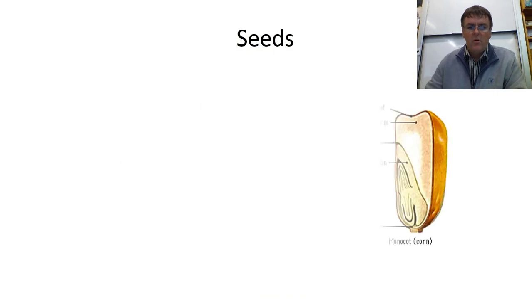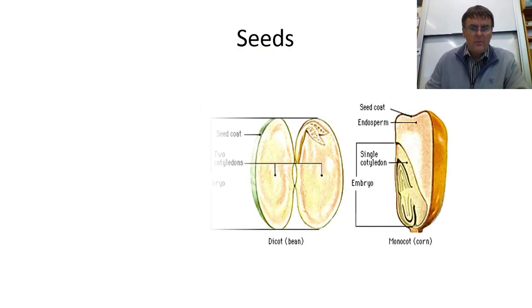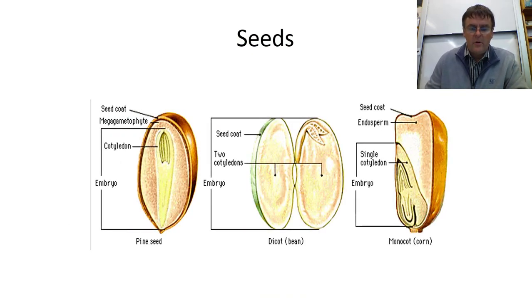Let's have a look. Here are your three major seed types, and they've all got the same sort of parts. Let's look at the one on the right-hand side. It's got an outside, the seed coat. It's got a food store inside, which is the cotyledon part of it, and it's got a plant baby in there.